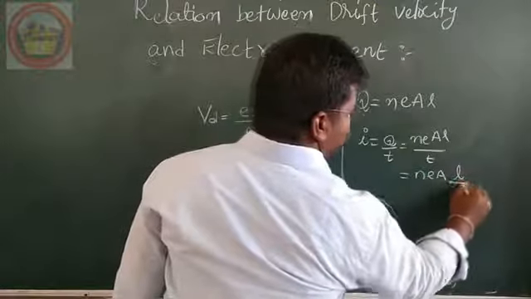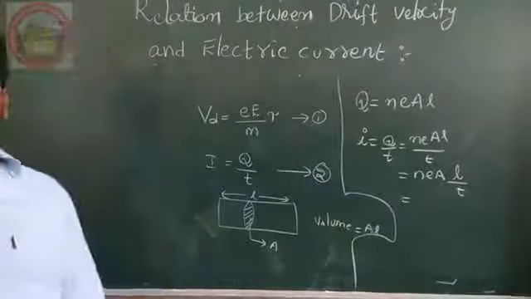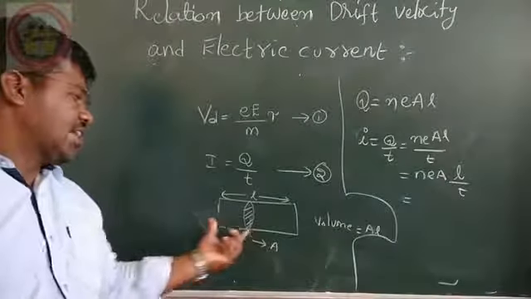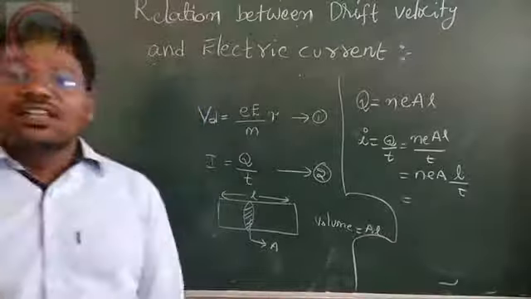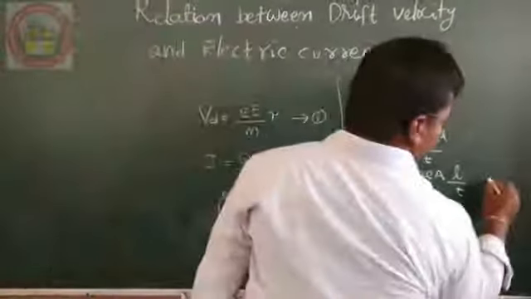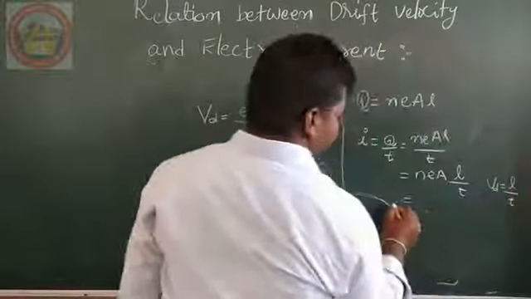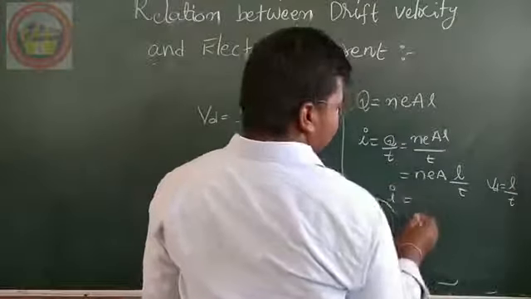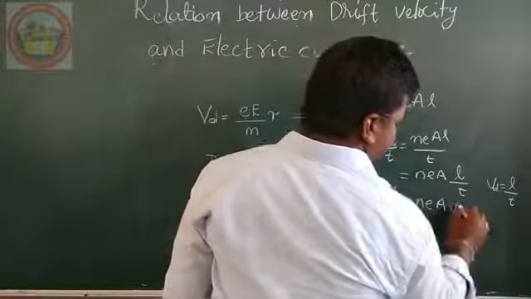nAeL by t. We know that length by time, that is, the length of the conductor divided by time, gives the drift velocity. Here Vd is equal to L by t. Rearranging this, I is equal to neA Vd.